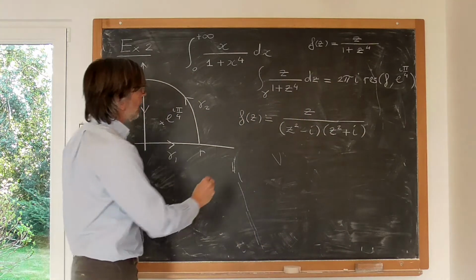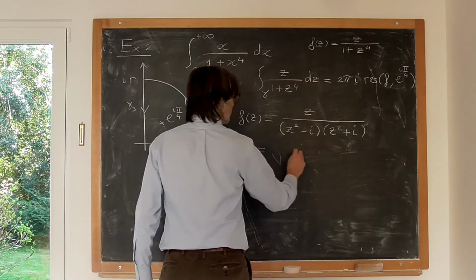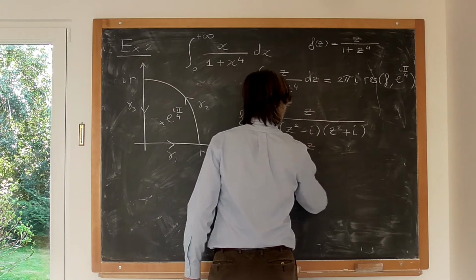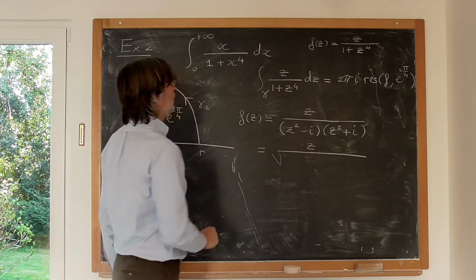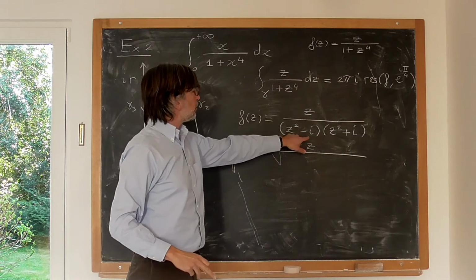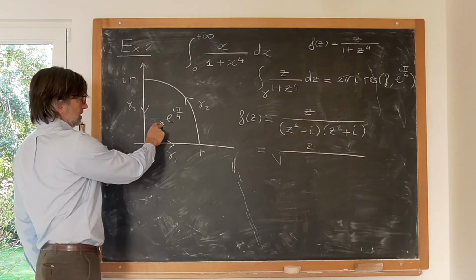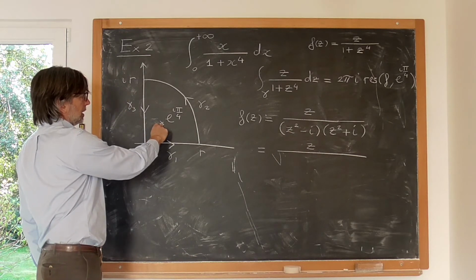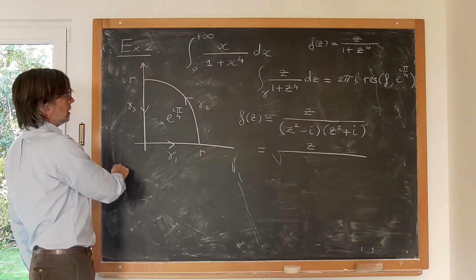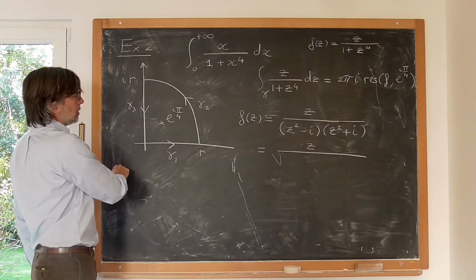Okay? And then here, the 2 square roots of i are precisely, one of them is our pole inside the region bounded by the contour, and the other one is minus it.